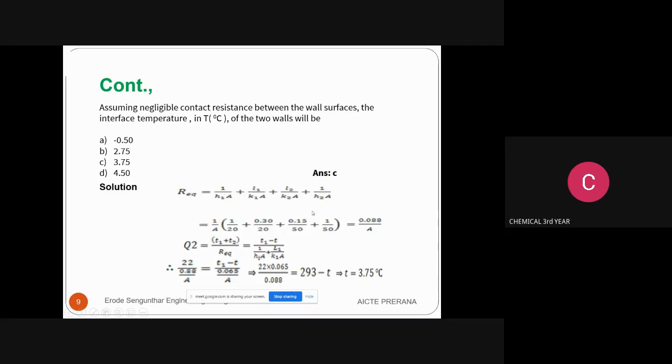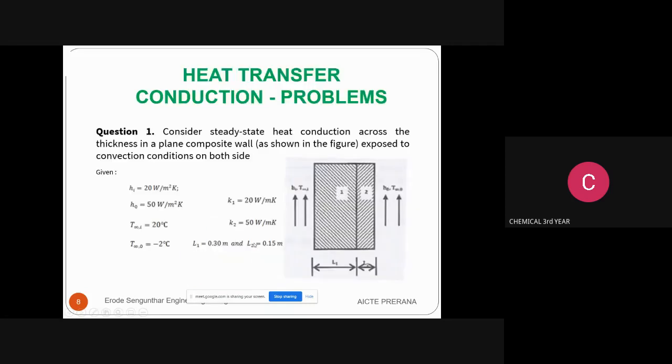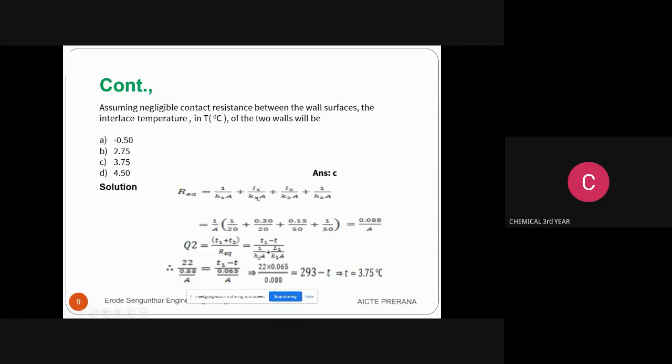And in between, for both the materials, we will have L1 divided by K1A, because this is your dx, and dx with dT. So dx is nothing but L1. Check here: x2 minus x1 is nothing but L1, and x3 minus x2 is L2. So here also we use L1 directly: L1 divided by K1A plus L2 divided by K2A.